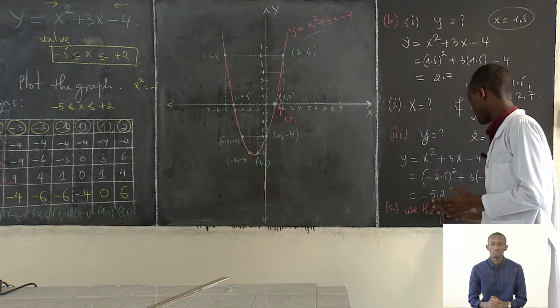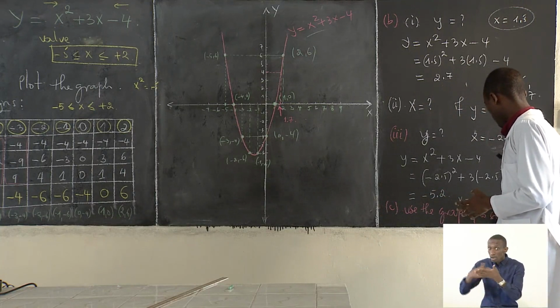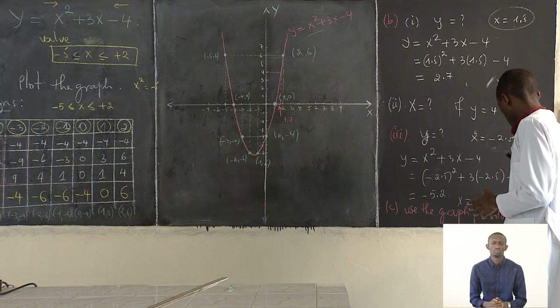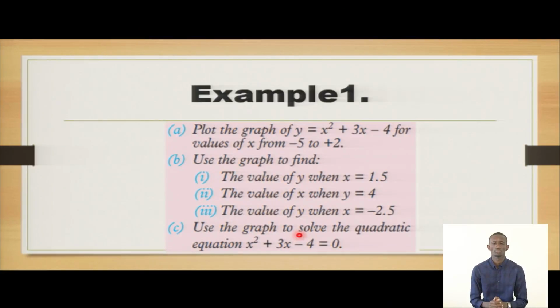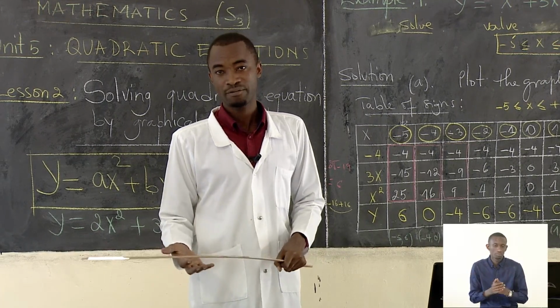Let's make this a task that we can work on next time, because of time. We can work on that next time and conclude how to solve it using the graph.